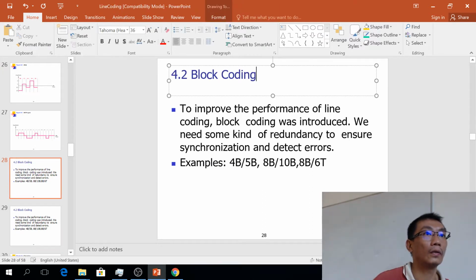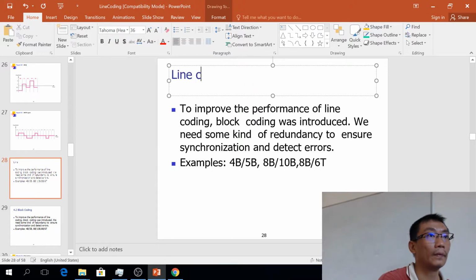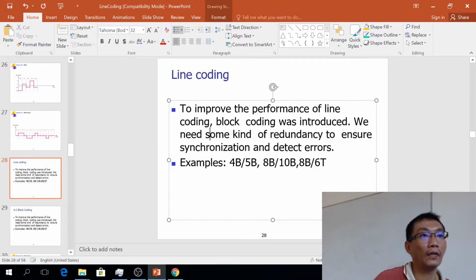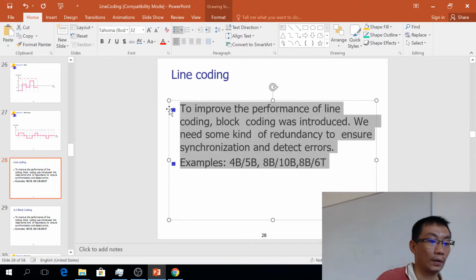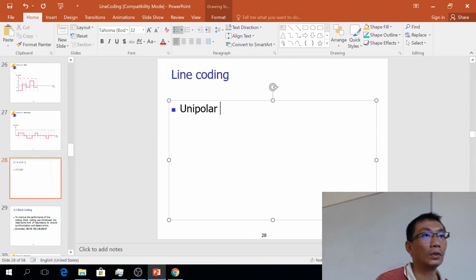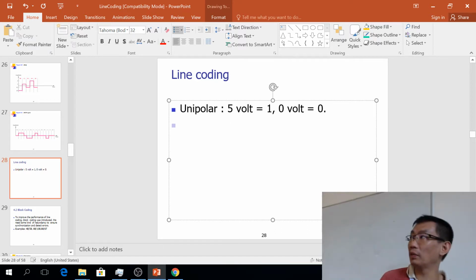You have this line coding. First, you have unipolar. Unipolar means let's say 5 volts is 1 and 0 volt is 0. So what's the problem with this one?